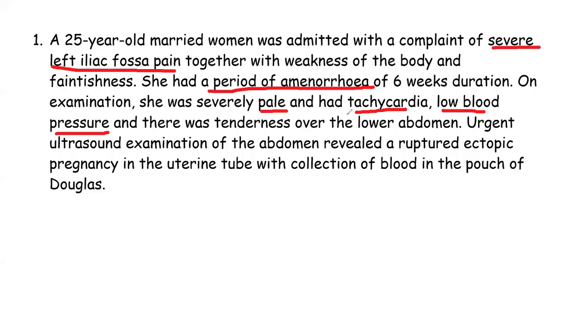So the scenario says she's pale, tachycardic, there's low blood pressure. So when these three come together, you obviously know that there should be bleeding somewhere, either outside or inside, right? And at the end of the scenario, it says that there's a collection of blood in the pouch of Douglas and also the reason for internal bleeding is being given.